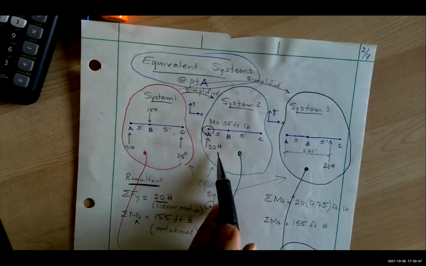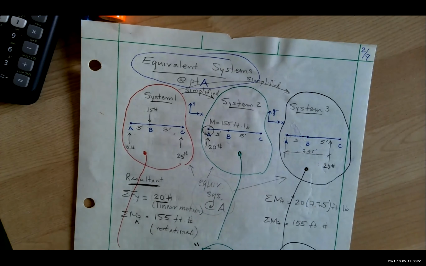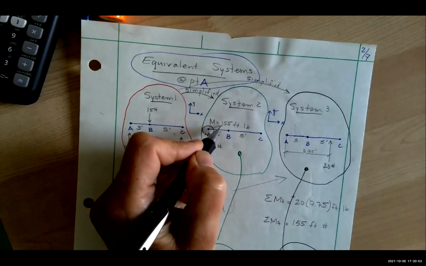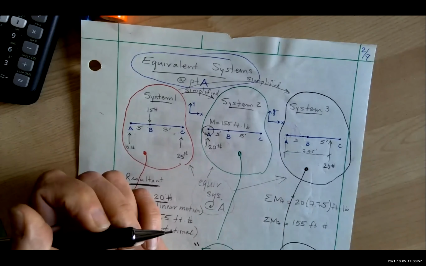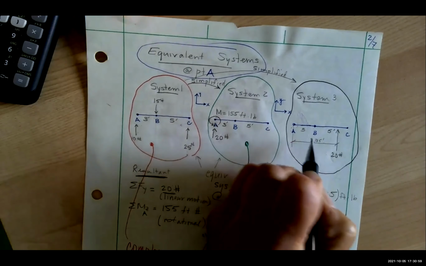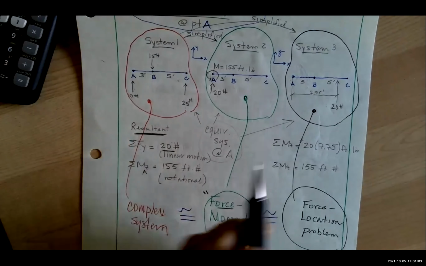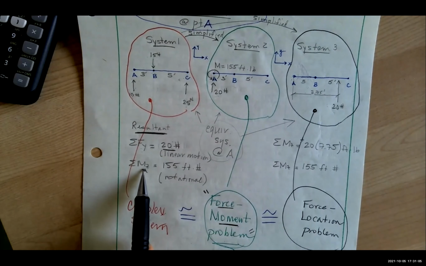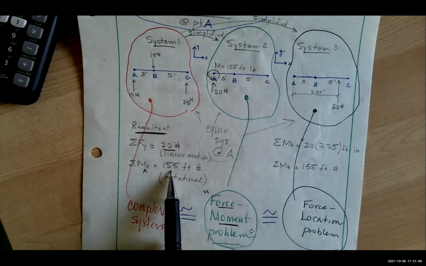What if I took this 20 pounds and I put it out a certain distance? Couldn't I create a 155 foot-pound moment about A? Sure, I could find what the distance is. I know that the resultant moment is 155, right? So I solve for the moment.